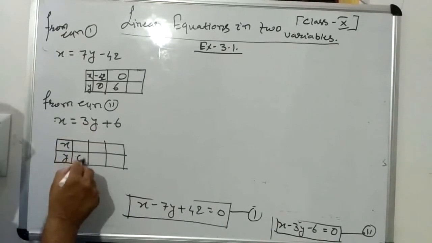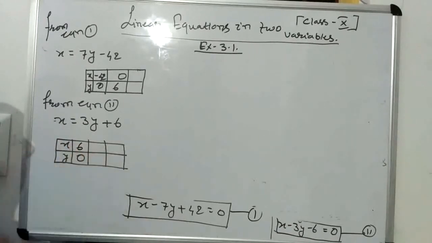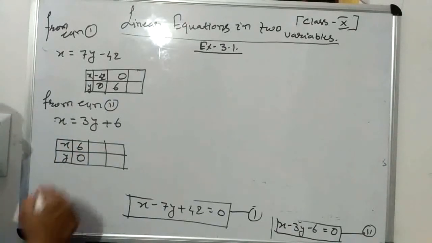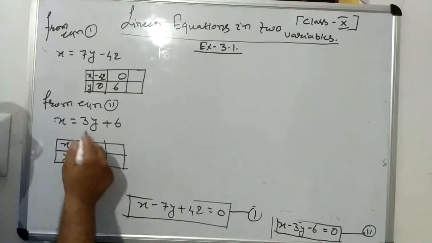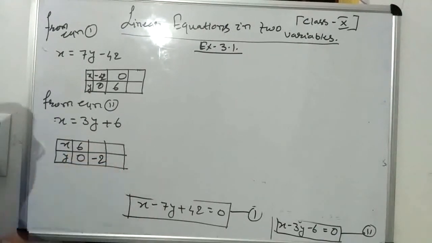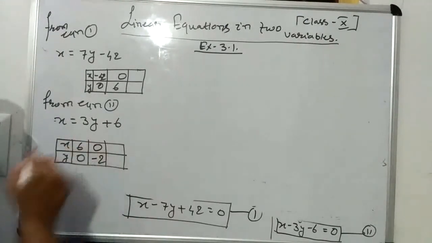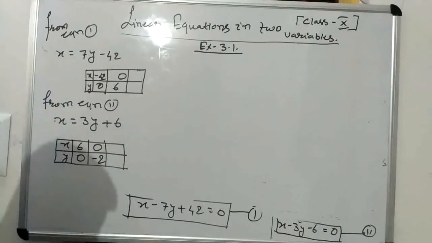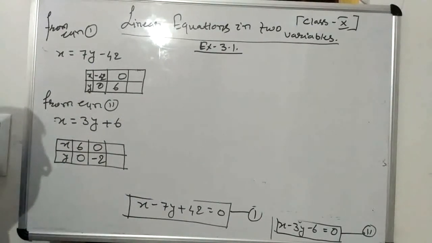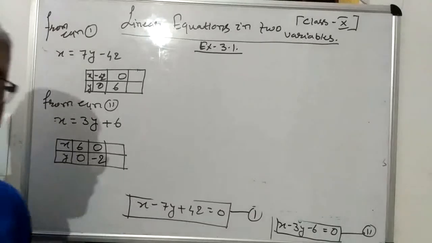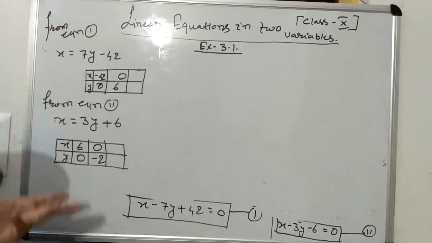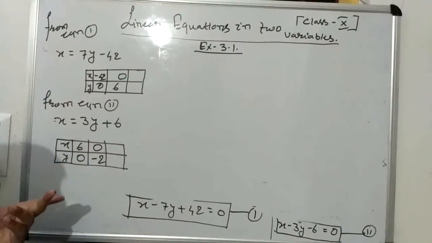Now when you put y equals 0, then x equals 6. And when you put y equals minus 2, then x equals 0. This is the best value, when one of x or y becomes 0, to plot as a graph.